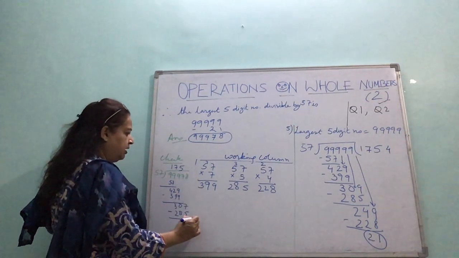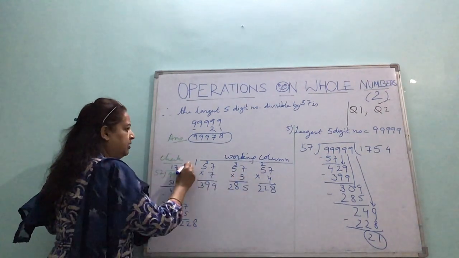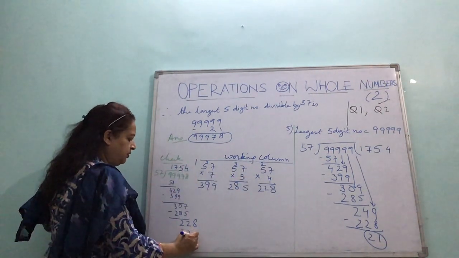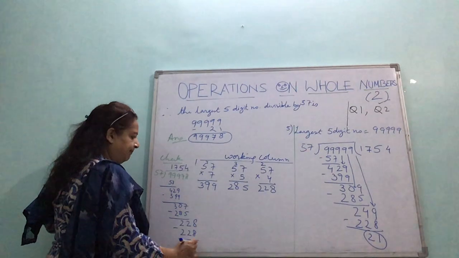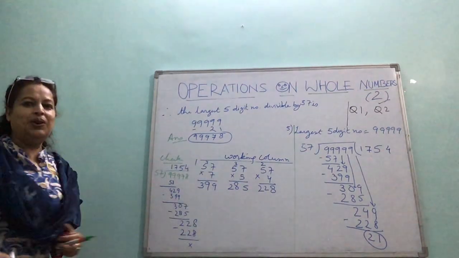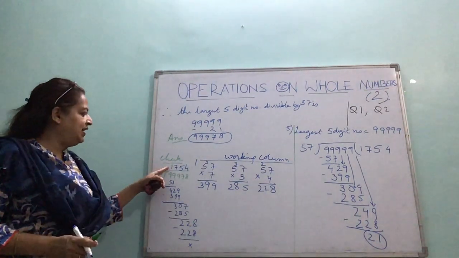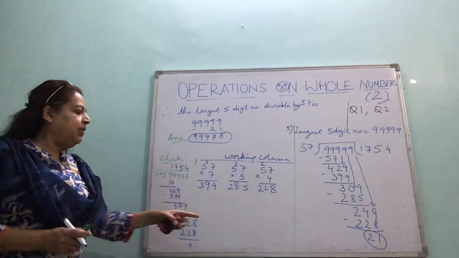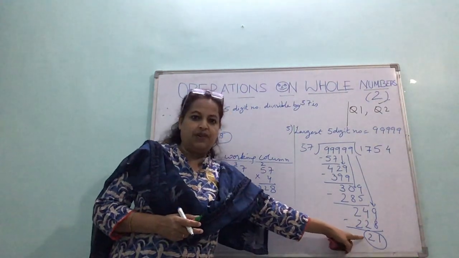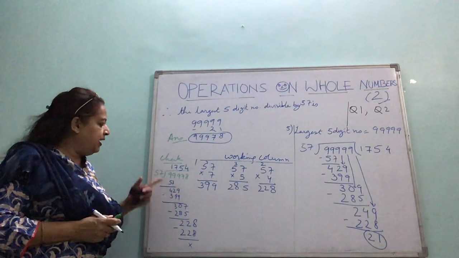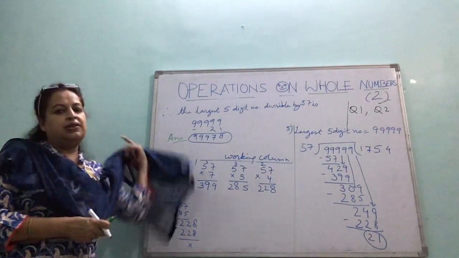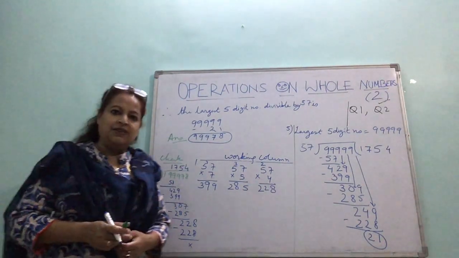And now 8. 4 times. 2, 2, 8. No remainder. That means 57 exactly divides this number because we have subtracted whatever was extra. So it would now exactly divide without leaving a remainder. So if no remainder is there, it is exactly divisible.